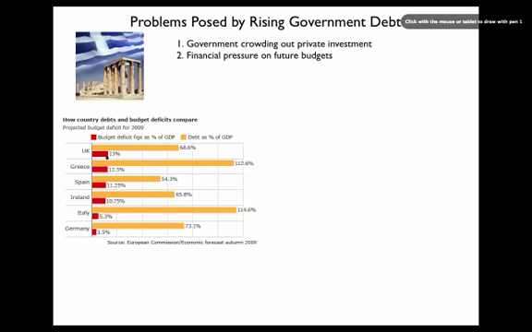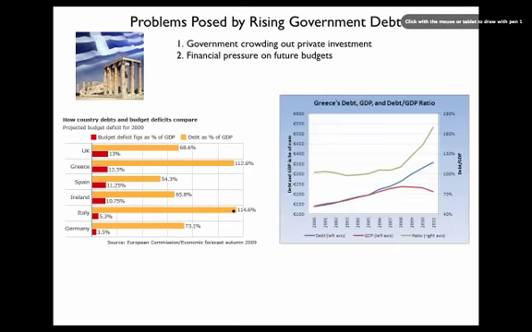Look here at a country like the UK, 13% of their budget deficit as a percentage of GDP, higher than the US is, almost 3 times higher. But look at Greece, where it's nearly the same number in terms of the budget deficit, but look at debt. Long-term debt has exploded in Greece and in Italy and causes huge concerns when we think about their ability to pay back that debt.